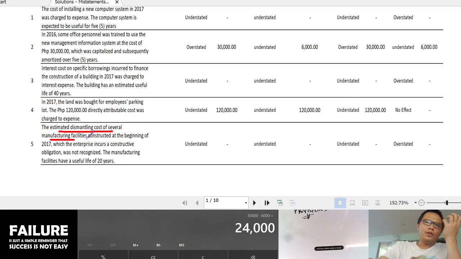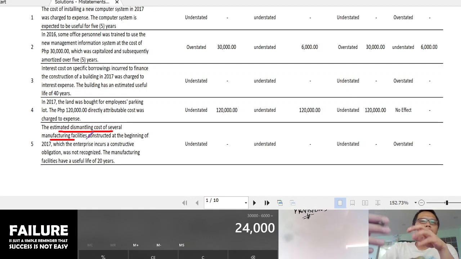Like if you are to construct a drilling asset, let's say your business is related to oil exploration, that drilling equipment or asset na ipuput up mo, basically you are required to dismantle that, because if hayaan mo lang yan siya, that is hazardous to mother nature.